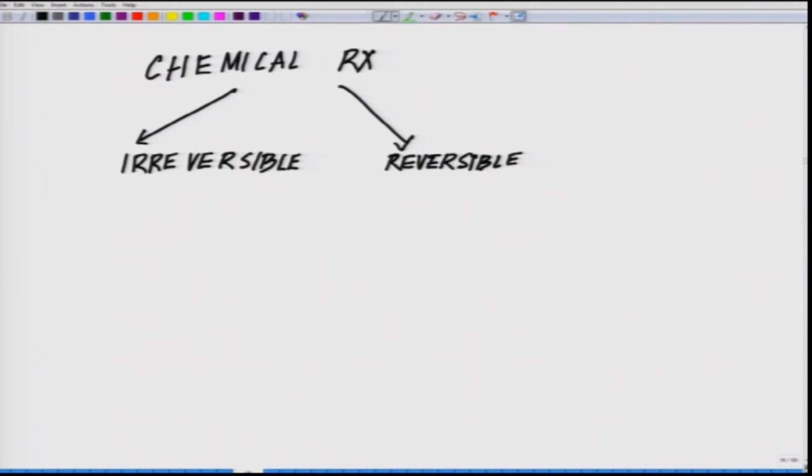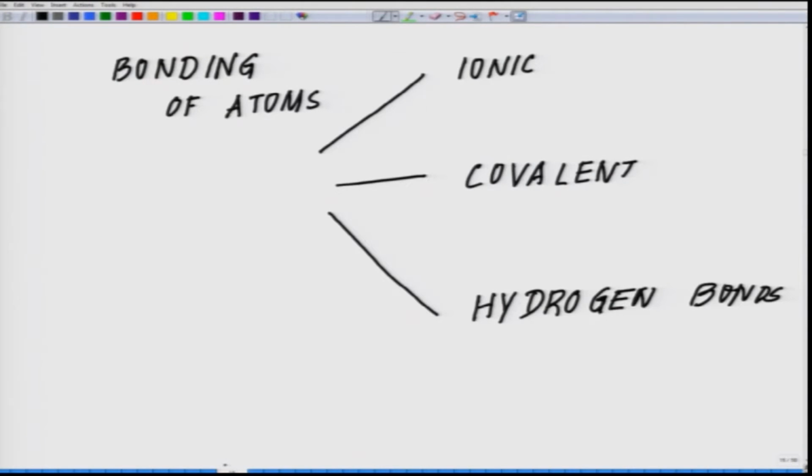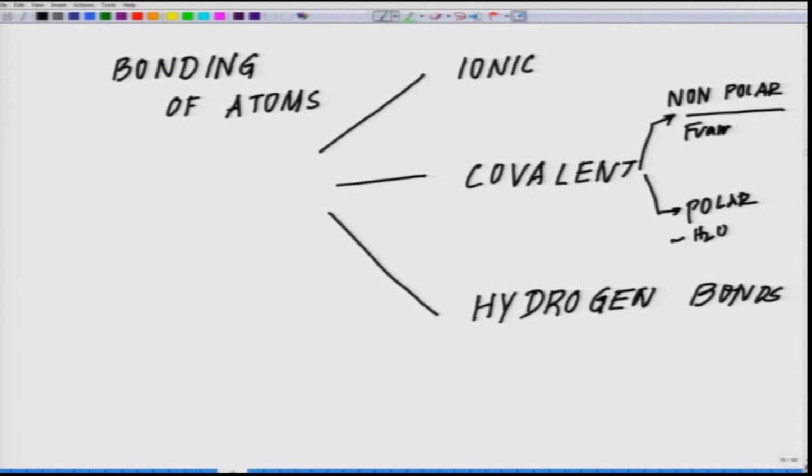And one more thing which I forgot in the previous slide to mention, these covalent bonds could be further classified into non-polar and polar covalent bonds. An example of a polar covalent bond is water, which is a polar molecule, and non-polar covalent bonds are the ones which form the framework of most of the molecules of our body. Okay. These are some of the points you should remember.